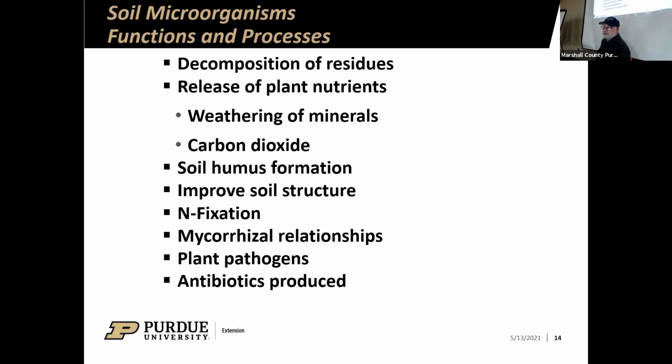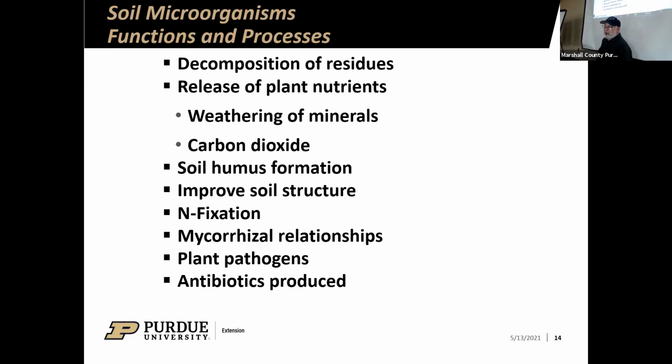Some of them fix nitrogen, taking nitrogen from the air and providing it to the plant to increase plant growth. The mycorrhizal relationship is creating a healthier environment for soil roots and a healthier environment for the plant as well. So they're key in helping to promote plant health when we have a healthy soil.